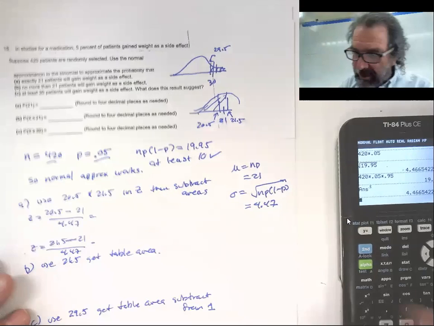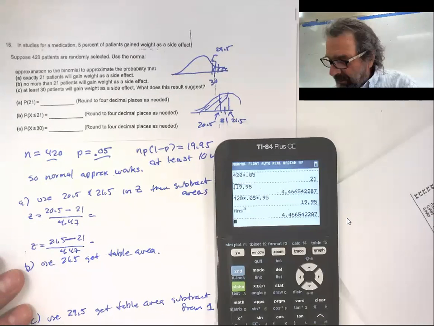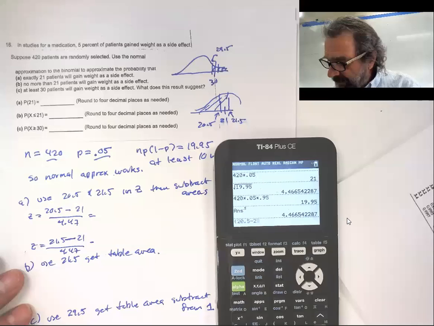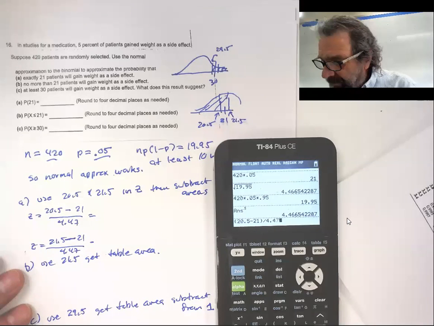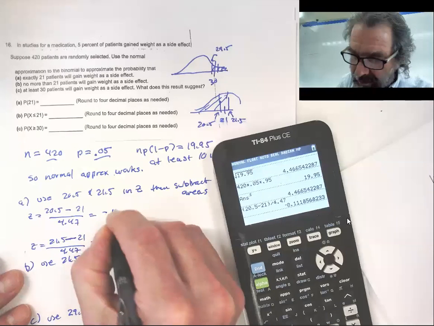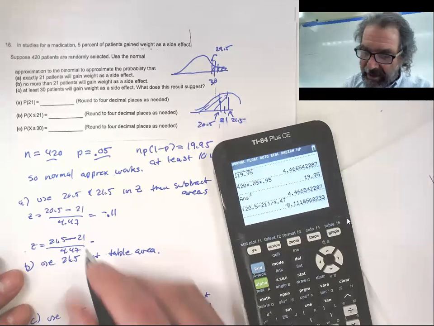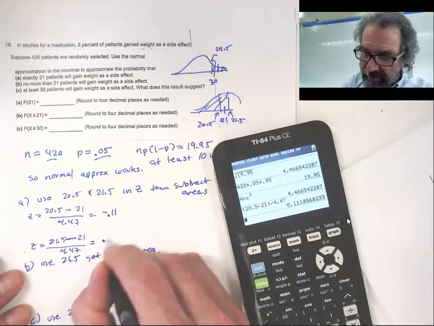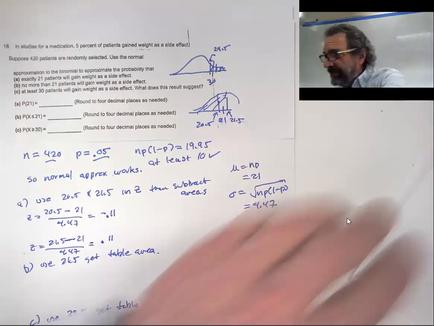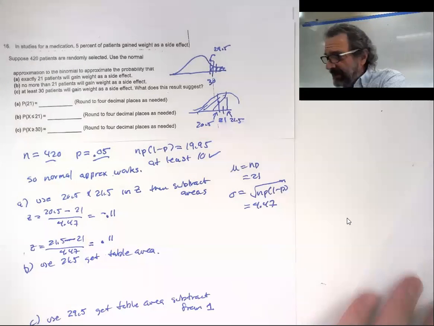All right, here they come. 20.5 minus 21, over 4.47. Negative 0.11. This will give us the same answer, but it'll be positive. So positive 0.11, like that. And then I'm going to go to the tables and look those up.